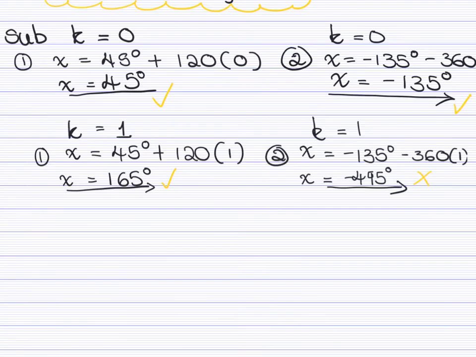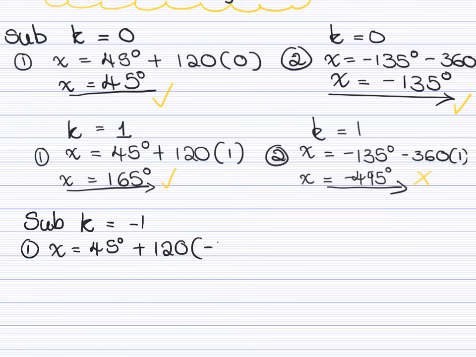So let's go ahead and sub k is equal to −1 into equation 1. So x is equal to 45° + 120 × (−1). I see that my answer here is going to be x is equal to −75 degrees. Let's see what happens if I sub in k is equal to −1 into the second equation.